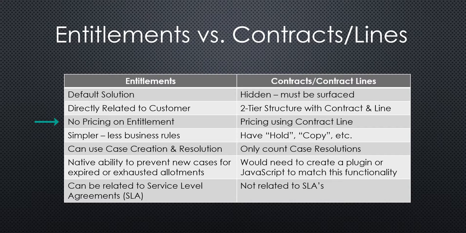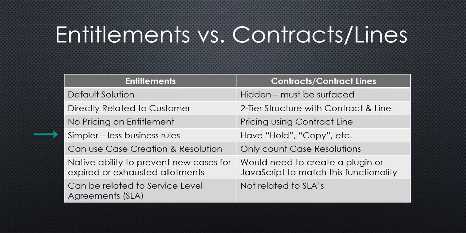You can create your own pricing. You can create your own custom attributes on the entitlement, but there's none in the current configuration. On contracts and contract lines, there's actually a pricing feature where you can put different prices on different contract lines, and those prices will roll up to the overall value of the contract.